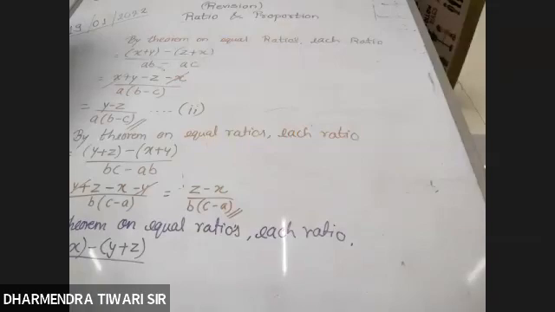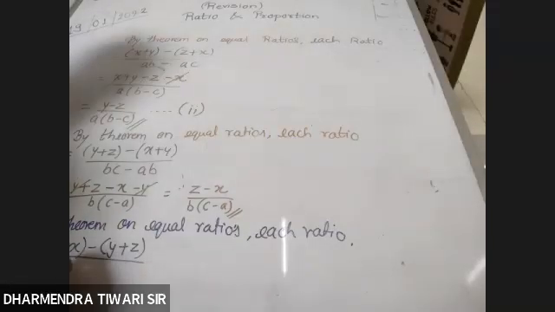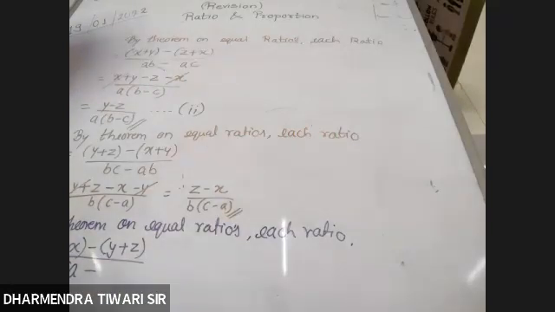What is the value? Z plus x is CA, minus y plus z is BC.